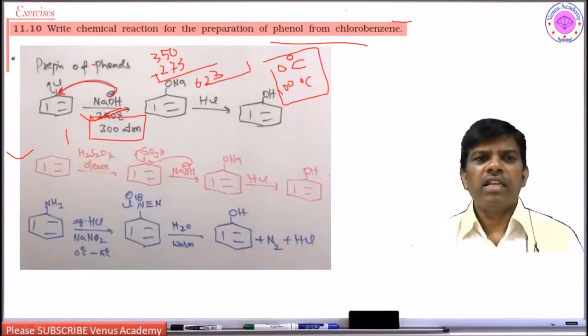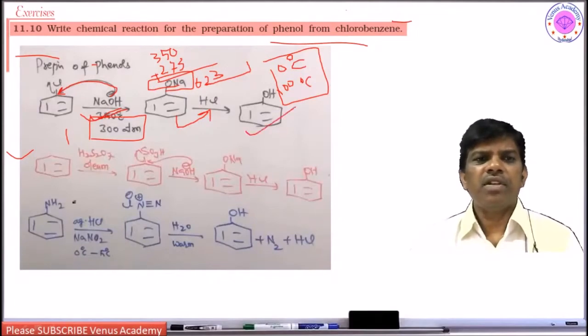So once it is substituted with sodium hydroxide, since it is having base, it forms a sodium salt of this phenol. When you acidify it with HCl, you are going to get phenol.